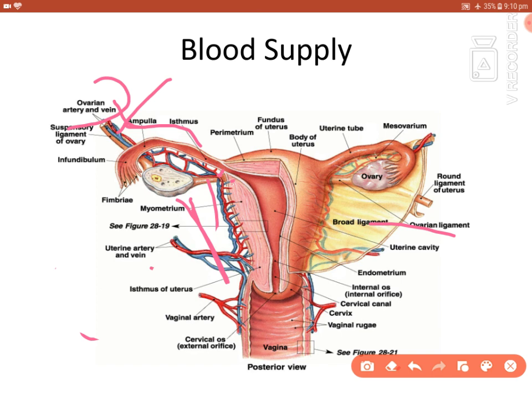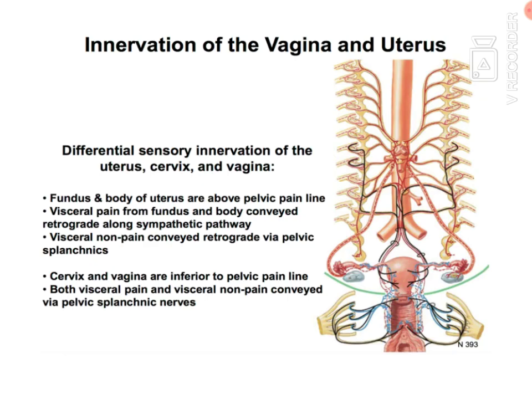Okay, it's at the level of the internal os, 1.25 centimeter lateral to the lateral surface of the uterus. Posteriorly we'll get the ureter. So during hysterectomy, one should be careful not to injure this ureter. Okay. That's about the blood supply.